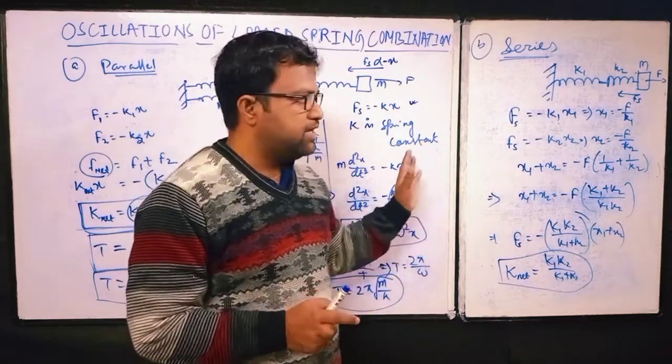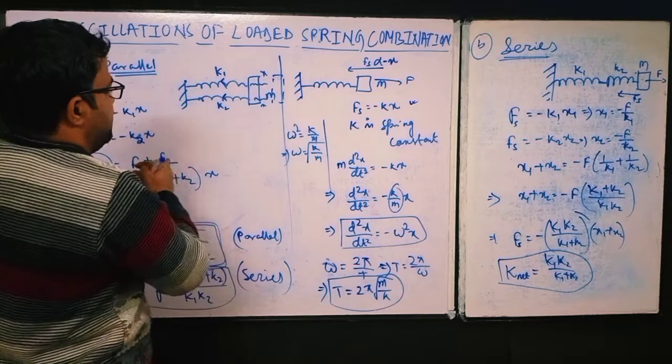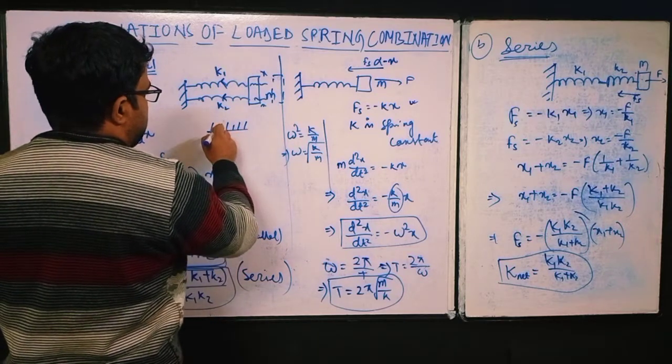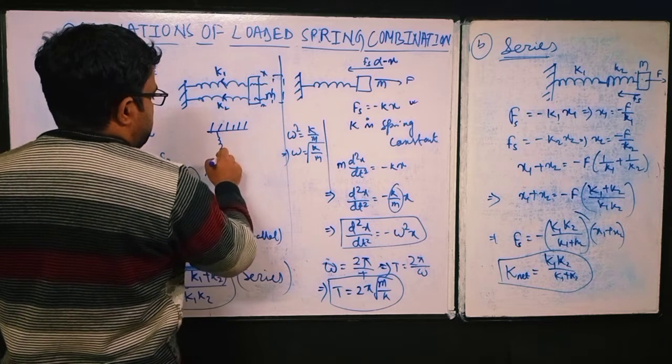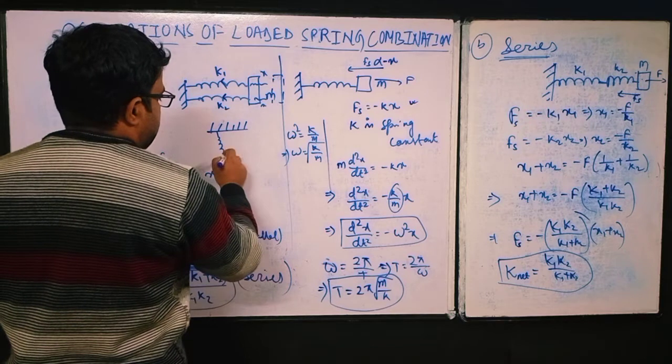I think it's clear. Now one thing to remember, if this mass hangs like this, then also you will get a similar result. This one you can try. If you require help, you can write in the comment box, so that I'll make another video.